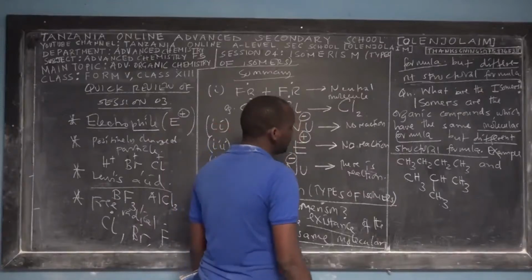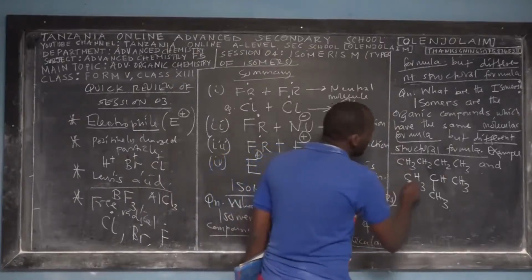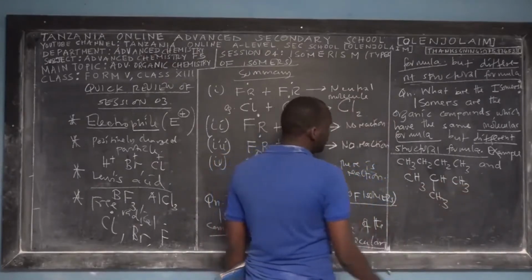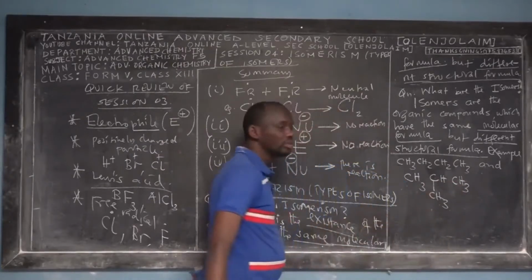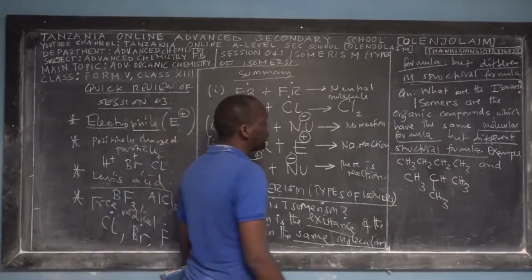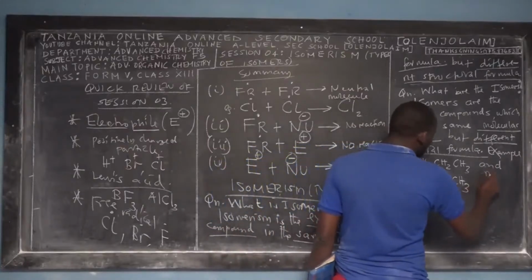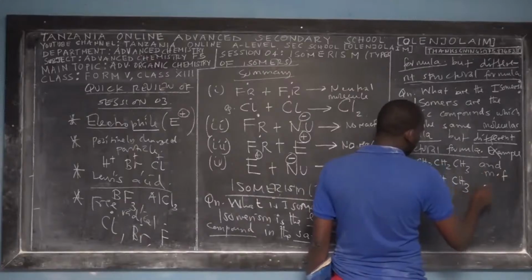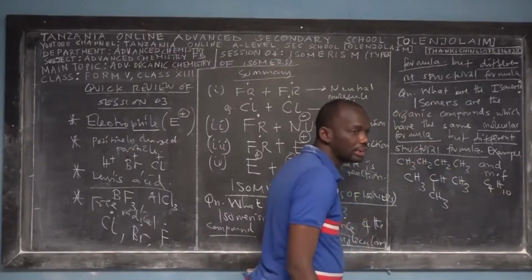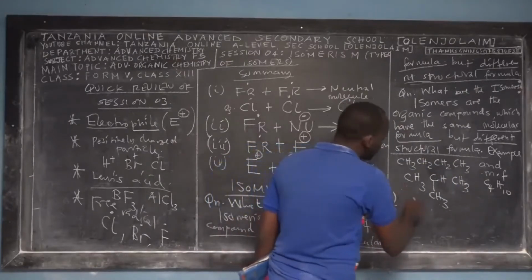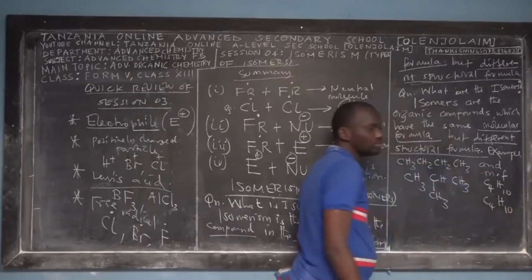Listen, this first one is an open chain. While this one is a chain with a substituted group. So why do we say it's the same molecular formula? The molecular formula of the first compound contains 4 carbons and 10 hydrogens. The molecular formula of the second also contains 4 carbons and 10 hydrogens.